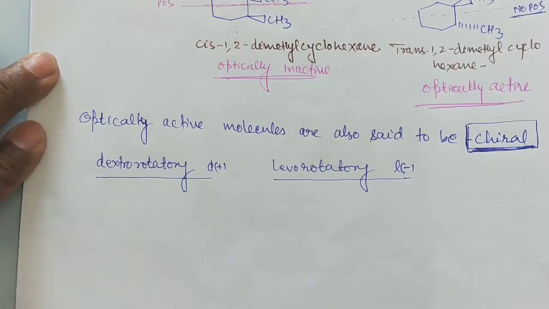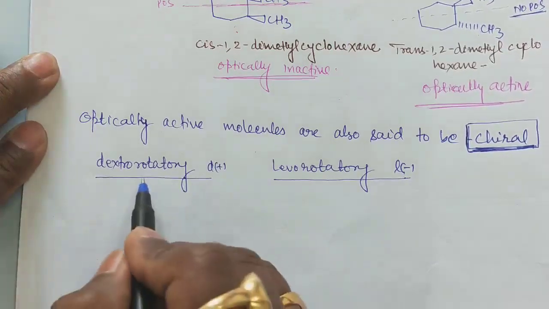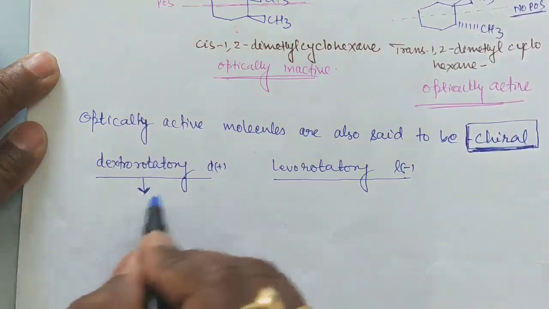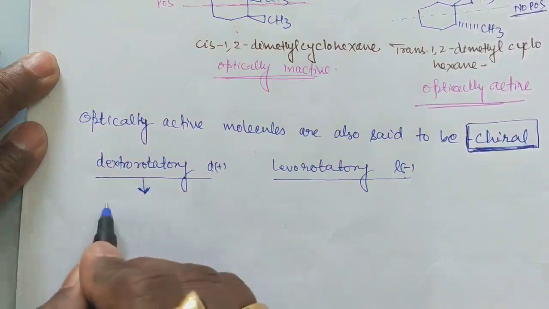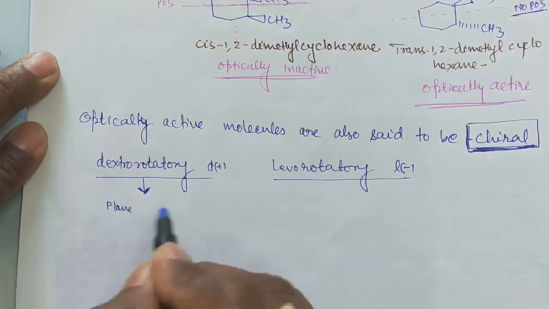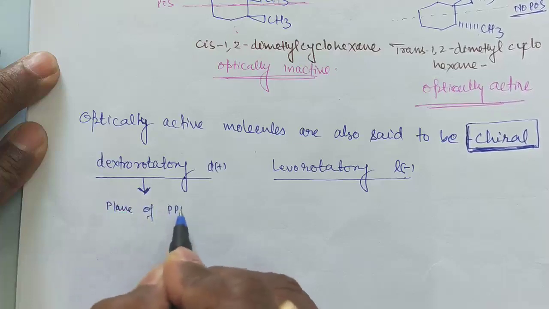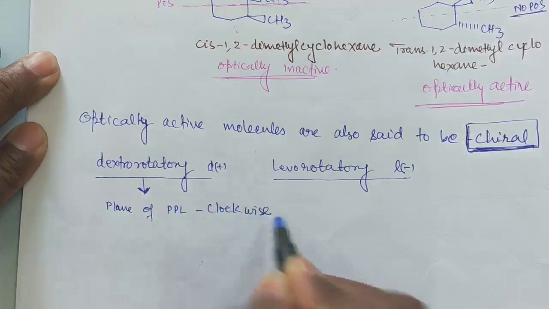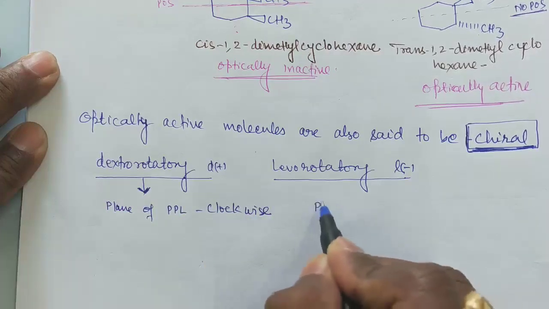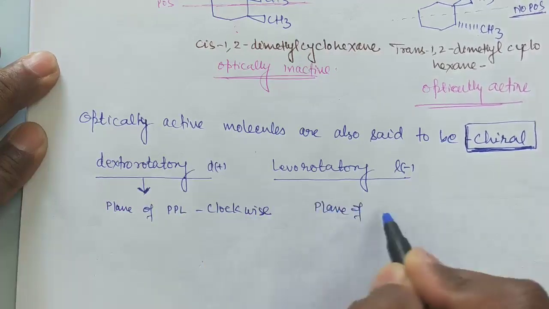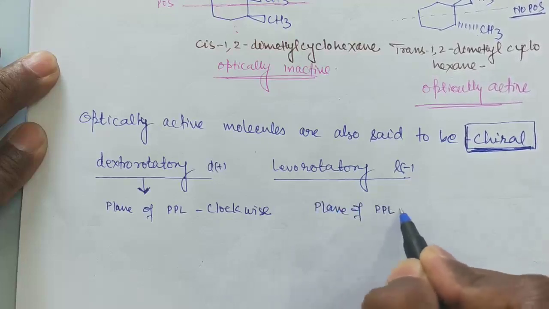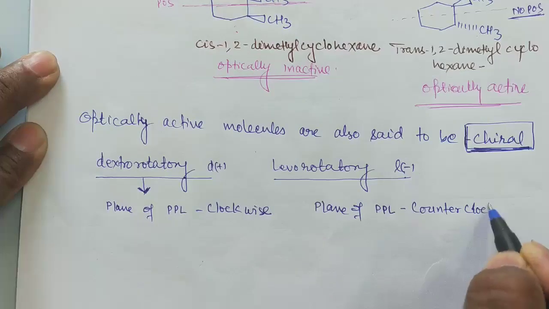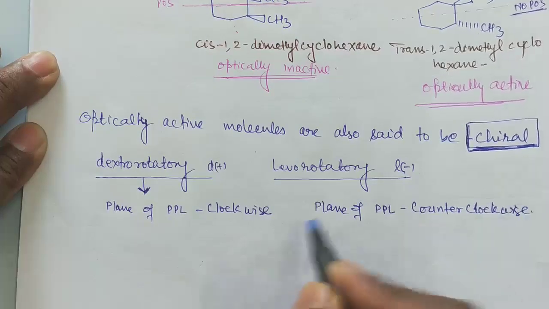So if a molecule has the ability to rotate the plane polarized light clockwise, this one rotates the plane polarized light clockwise, and this one rotates the plane polarized light counterclockwise, right?